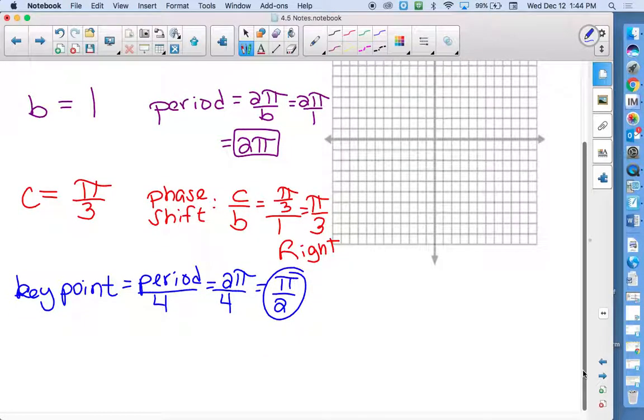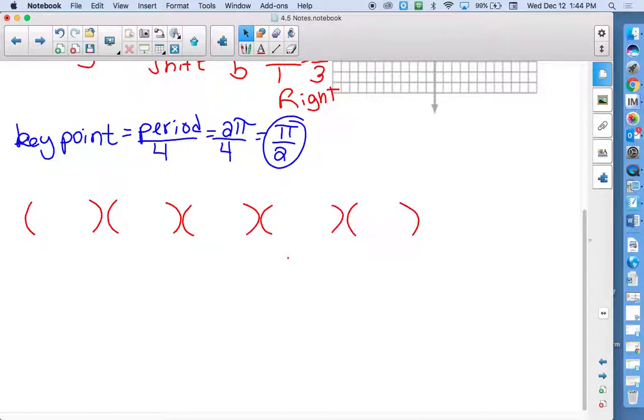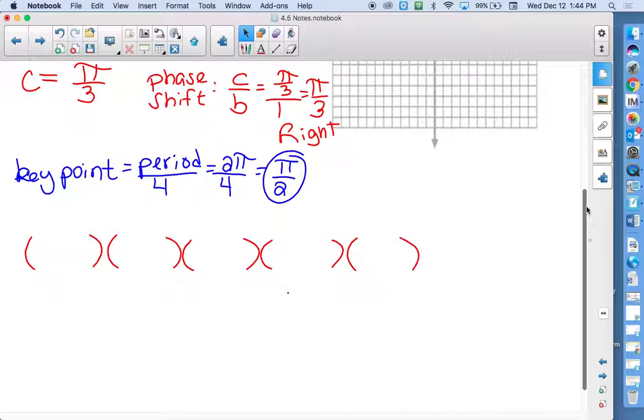So we're going to see if we can find those angles. We have our 5 angles, 5 points to graph. Okay, so there's the 5 points for my graph. What is the first angle that we're starting with? 0?